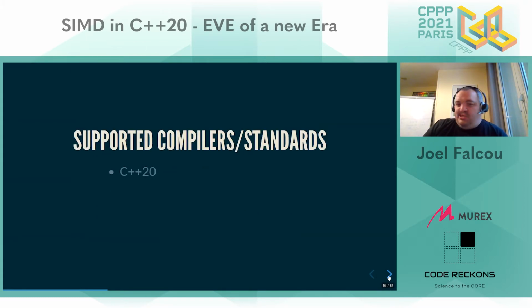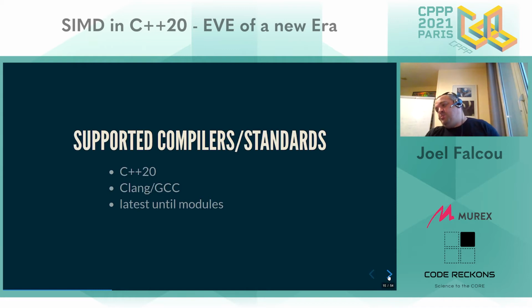What do we support? We need a C++20 compliant compiler, which probably means you need to have the latest Clang and GCC. There is no way around that. We are going to request the latest compiler up to the point where modules are usable. And at this point, we could have a point in time where we can start rolling out our planned release schedule.